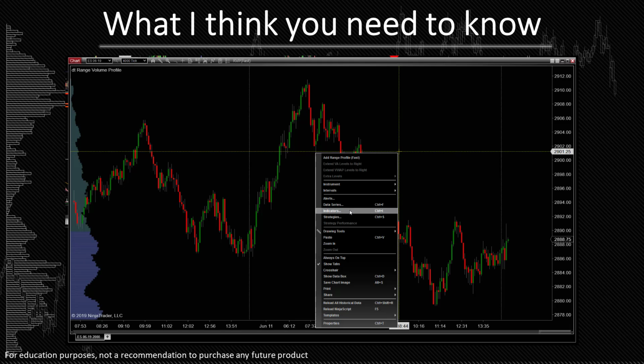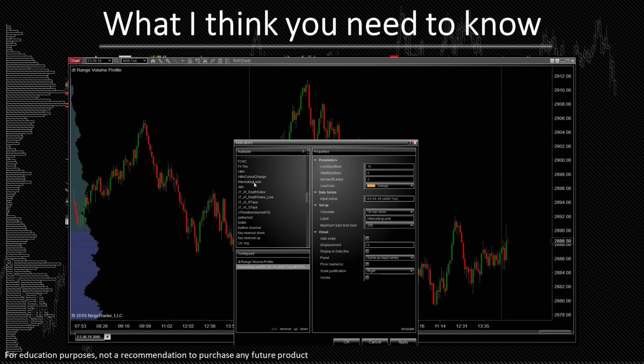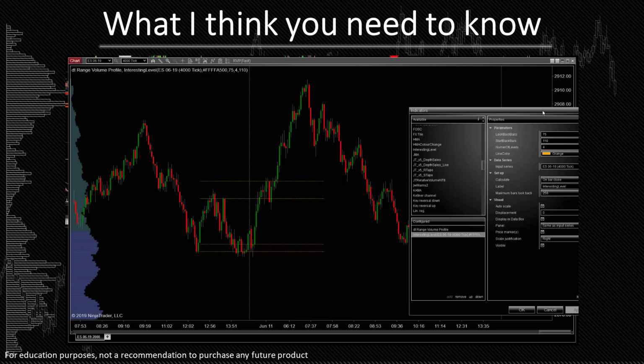At one point, I wrote my own indicator and I called it Interesting Levels. And what it did was it looked at candlesticks and looked at all the highs and the lows, the opens and the closes, and basically drew out the levels that had the most.